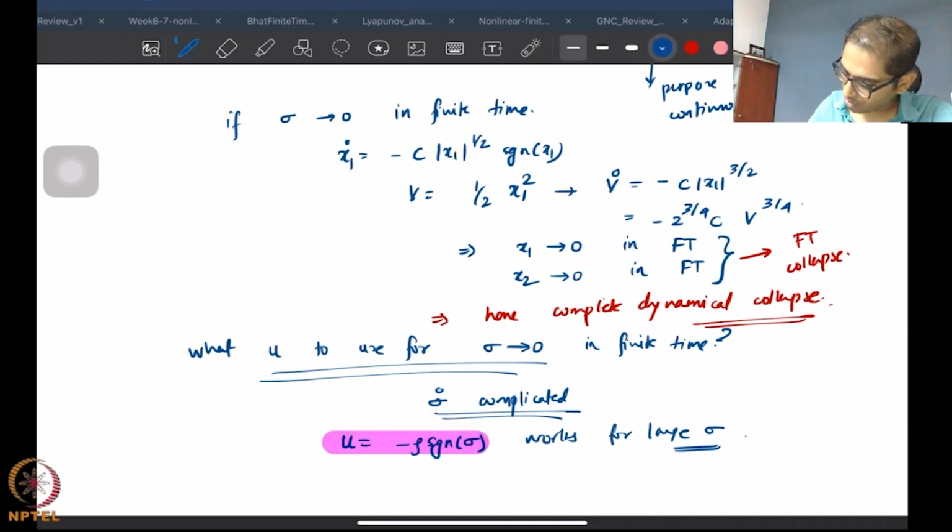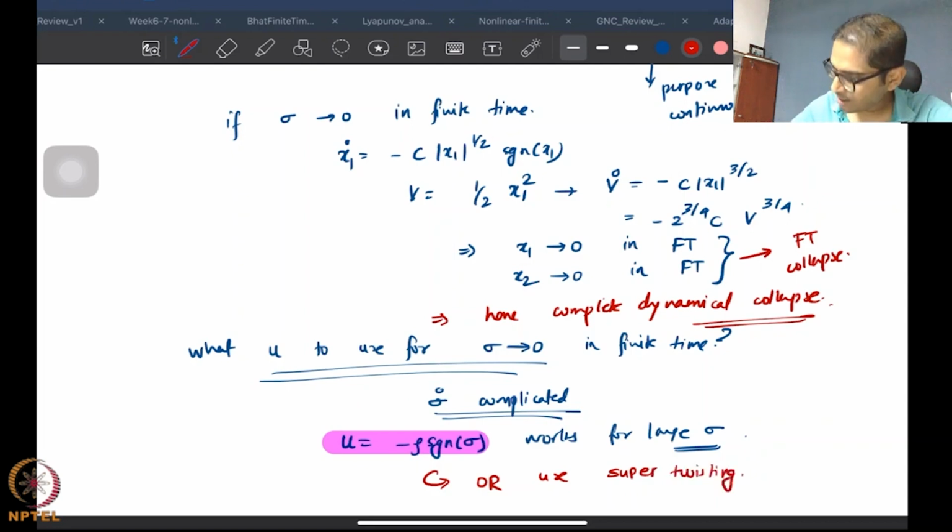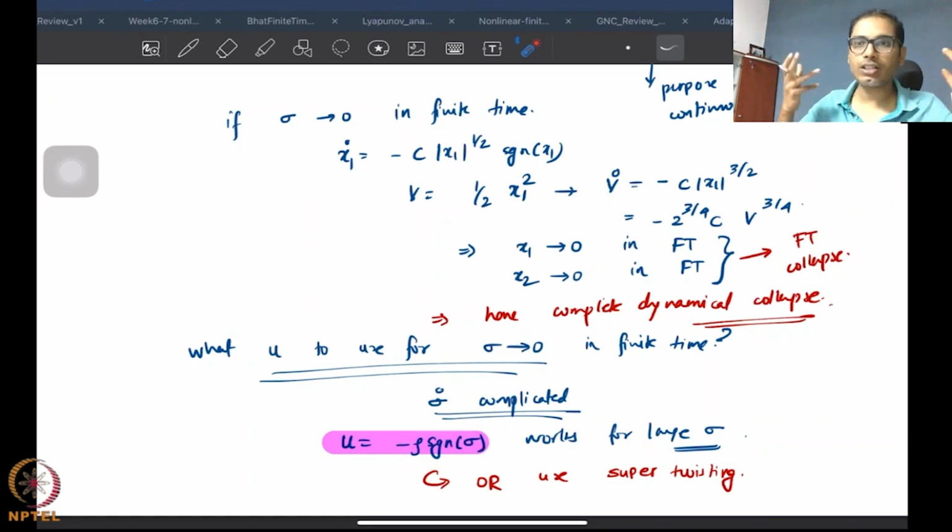Then the other option is, of course, to use super twisting. Whatever the order of the sliding mode, you can always switch to a super twisting control, because then you get rid of the chattering issue in a very nice and efficient way. Because this is definitely going to jump across the sliding surface, even if the sliding surface is linear or non-linear.